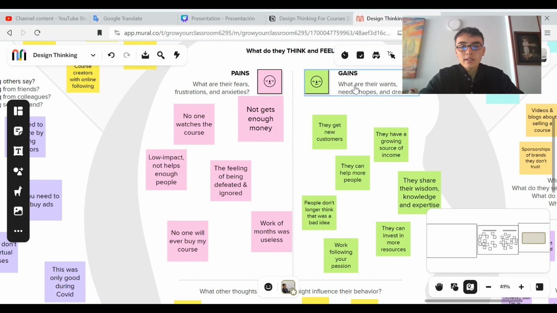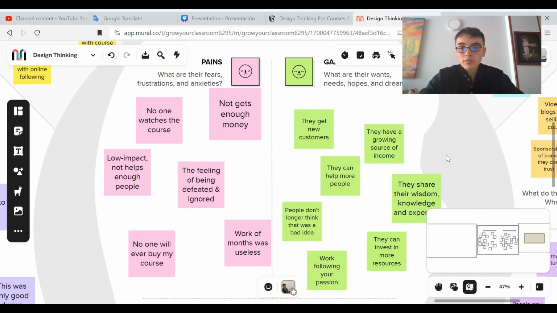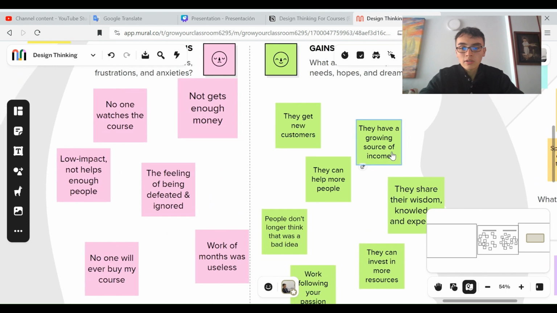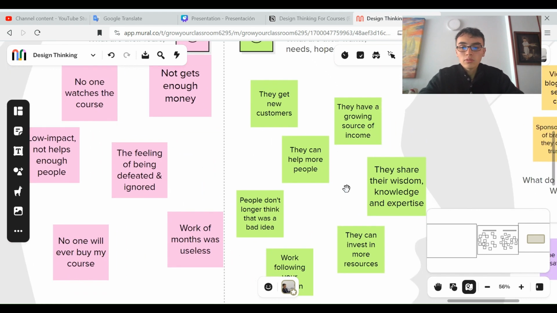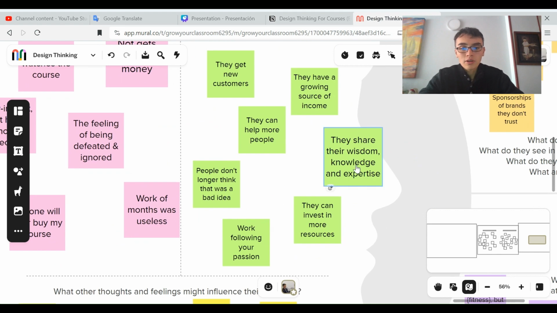And the gains are about their wants, needs, hopes, and dreams. For example, they want to get new customers, they want to have a growing source of income, they want to help more people, they want to share their wisdom, knowledge, and expertise, and so on.